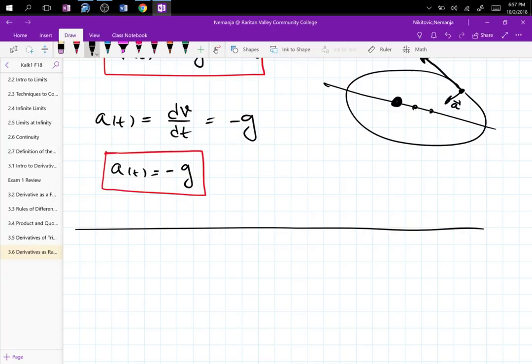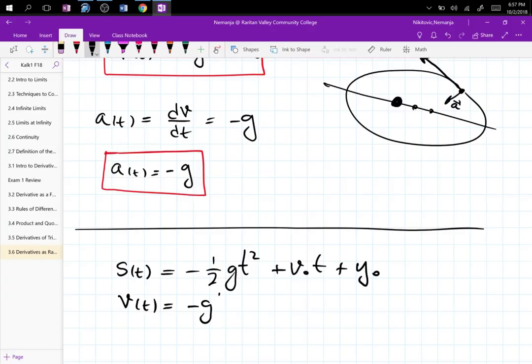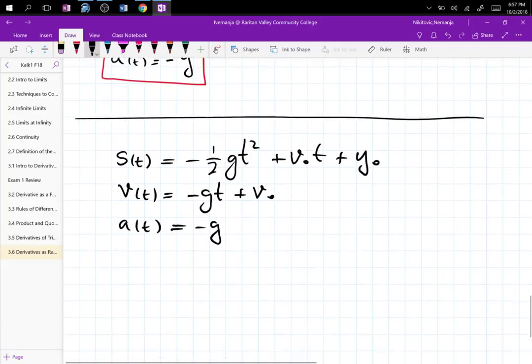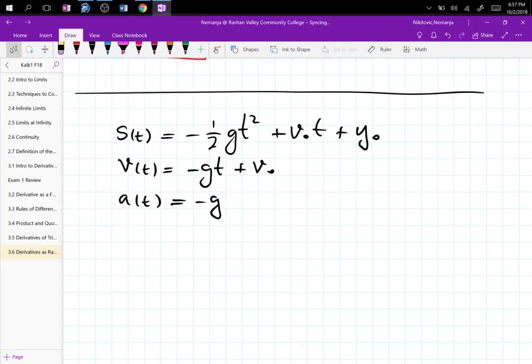All right, so now we have these three equations. S of t is equal to negative 1/2 g t squared plus v0 t plus y0. Velocity of t is negative g t plus v0, and acceleration in time is just negative g. Those are the three equations we have.